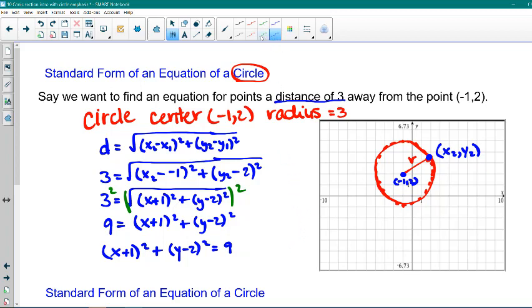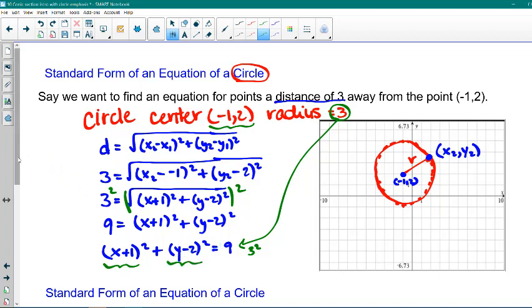Again, notice that our radius is 3 and our equation is equal to our radius squared. Our center, the x part was negative 1, and in our x binomial we have x plus 1, quantity squared. Our y part of our center is 2, and we have (y minus 2) squared.